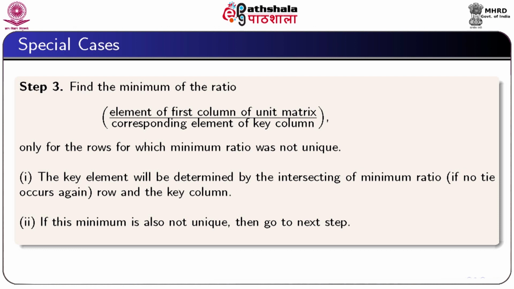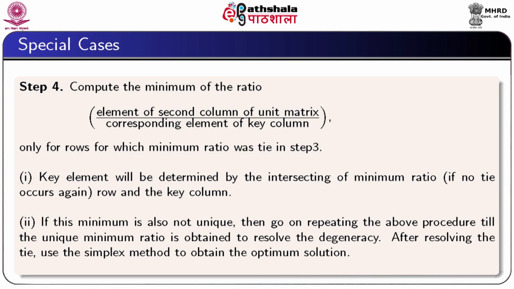not unique. If there is no tie in the minimum ratio, the key element will be determined by the intersection of minimum ratio row and the key column. If this minimum is also not unique, then we will go to the next step. In step 4, compute the minimum of the ratio like this: element of second column of unit matrix divided by the corresponding element of key column only for those rows for which minimum ratio was tie in step 3.